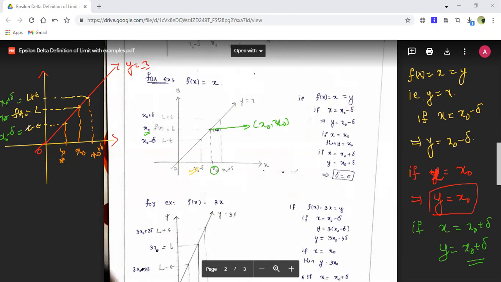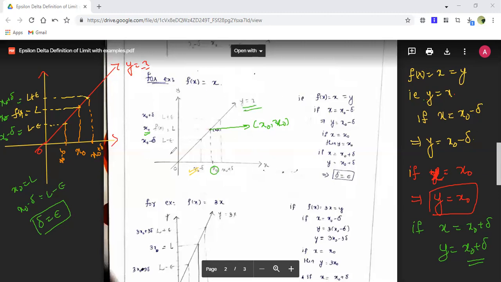So clearly your x naught is L, and x naught minus delta is L minus epsilon. So that means what? By equating this, you will get what? Delta is equal to epsilon. So in this particular function, y is equal to x.